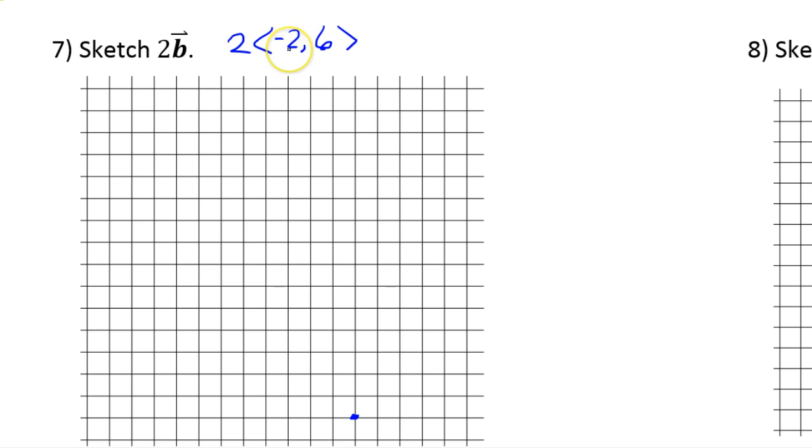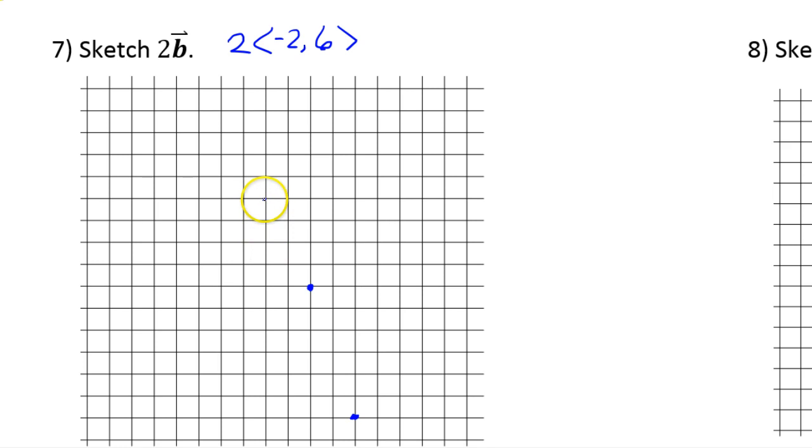So negative 2 comma 6 means left 2 and up 6. So 2, 4, 6. So if I drew a vector from here to here, that would be vector b. But we want 2b, so I need to do that again. So again, I'm going to go left 2 and up 6.